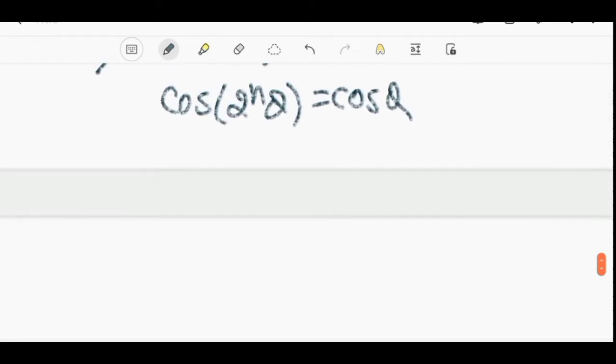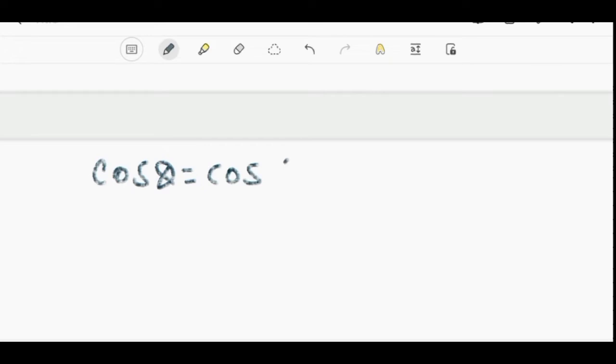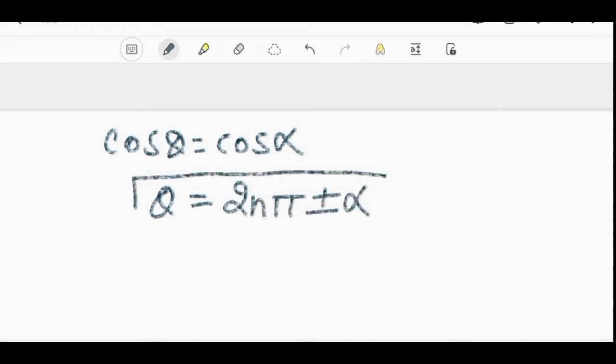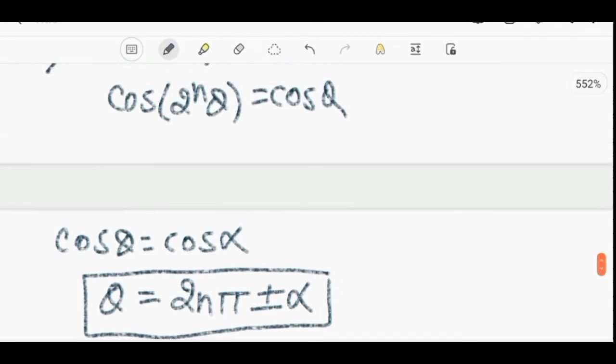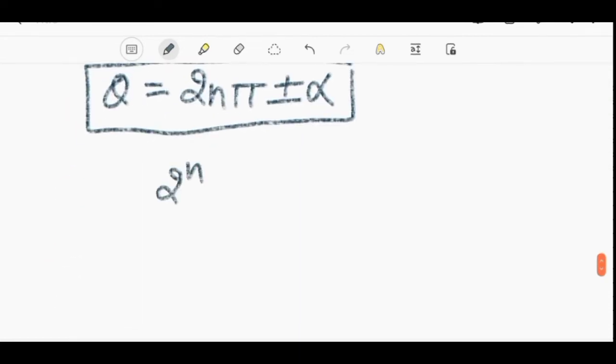So after solving this, since we know that if cos theta equals cos alpha, the solution is theta equals 2n pi plus or minus alpha, we can use this result to solve this particular equation, and we'll obtain 2 raised to the power n theta equals 2n pi plus or minus theta.